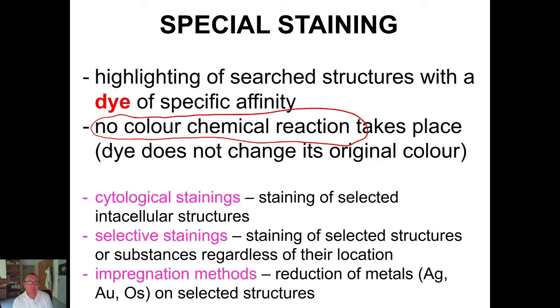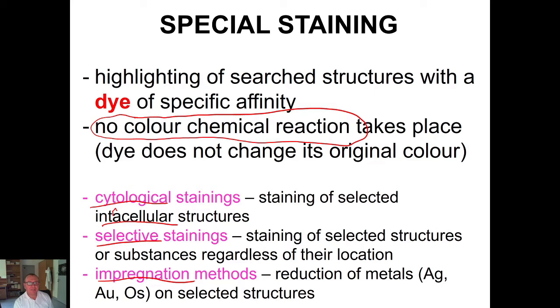As there are so many types of special staining, we have to classify them. There are 3 categories of special stainings, which are called cytological, selective, and impregnation staining. Cytological staining is the staining of something in the cell, something intracellular.